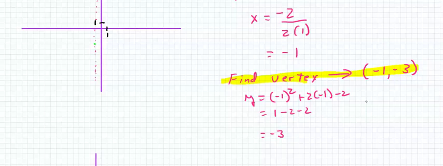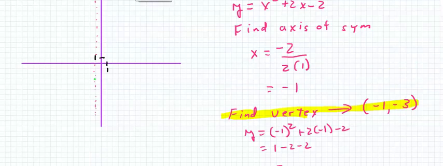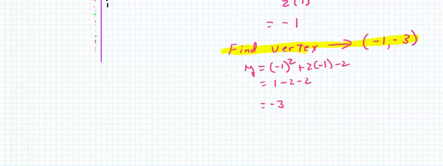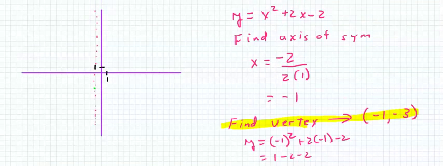So now we make a table of values. All right. Let me pause this for a moment. We make a table of values, and now we're going to have x and y. We already have this point right here.